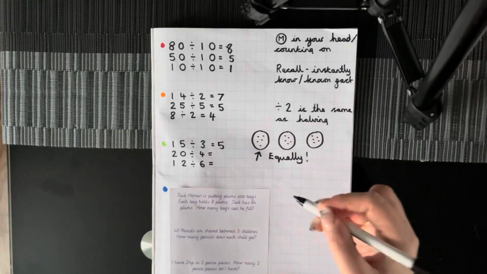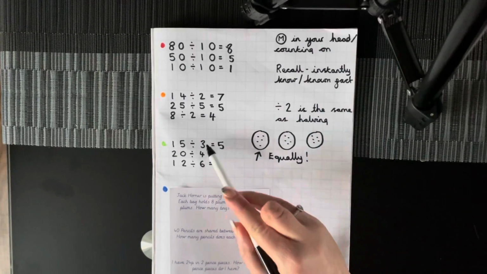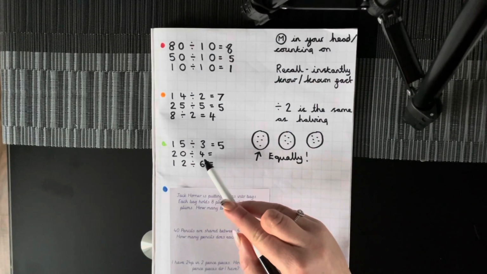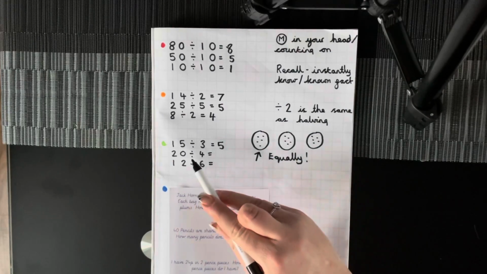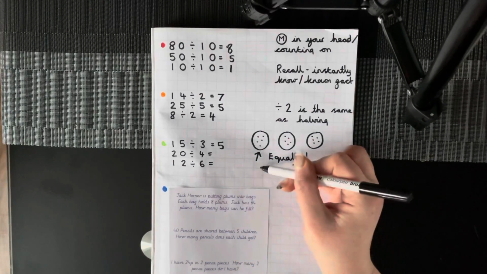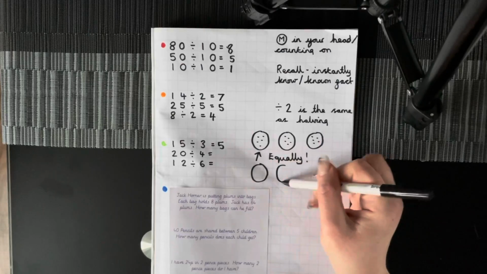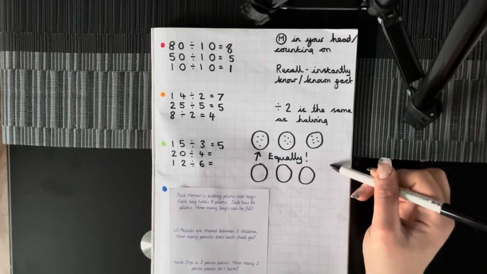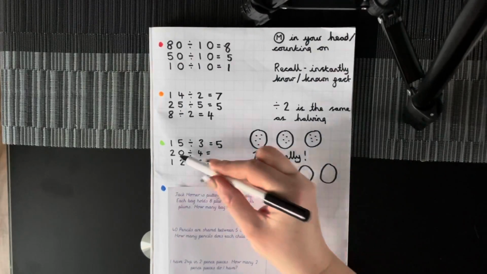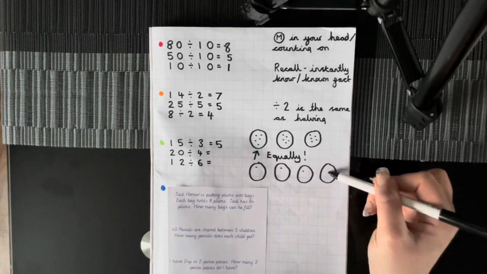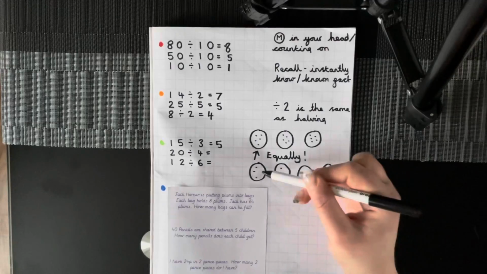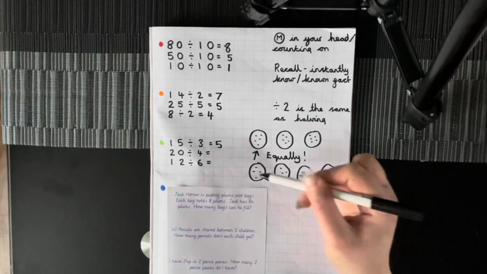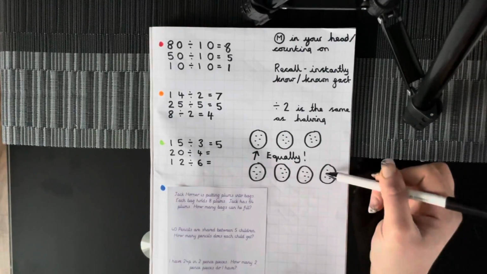And then 20 divided by 4. Who reckons Miss Vaughan's going to draw 3 tummies again? Or who reckons Miss Vaughan might draw 4 tummies? So if it's 20 divided by 4, I need to draw 4 tummies and share them out. 20. 1, 2, 3, 4, 5, 6, 7, 8, 9, 10, 11, 12, 13, 14, 15, 16, 17, 18, 19, 20.